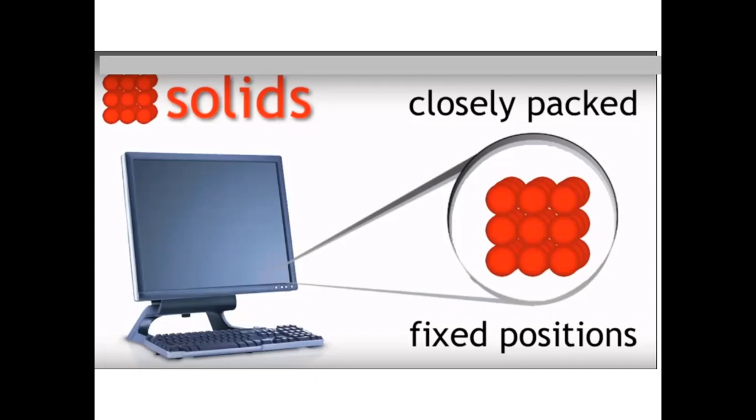If we put this solid under a microscope, we can find very, very tiny particles, which are solid particles. Solid particles, as you can see here, are very packed together. They have an organized shape. There are no distances between the particles. They have fixed positions.